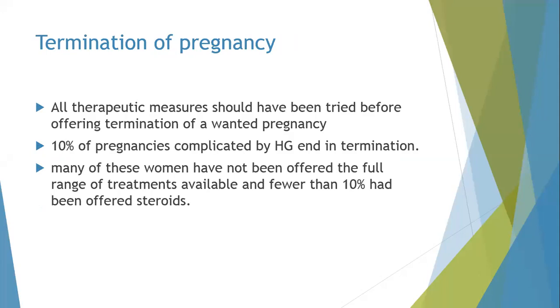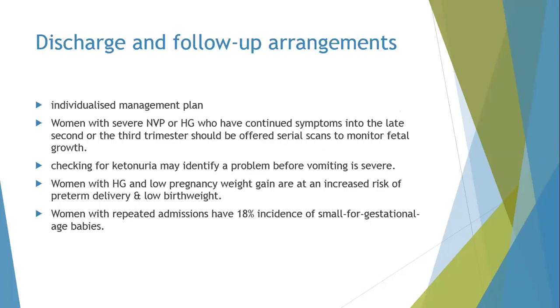Many of these women have not been offered the full range of treatment available, and fewer than 10% had been offered steroids. So they want to decrease this level. So if your patient has hyperemesis gravidarum, give her the full range of treatment before offering her termination.